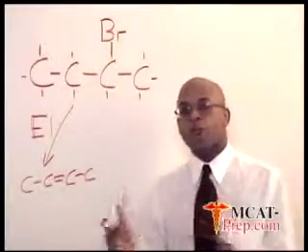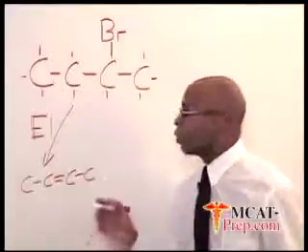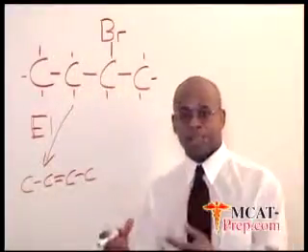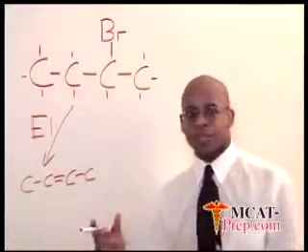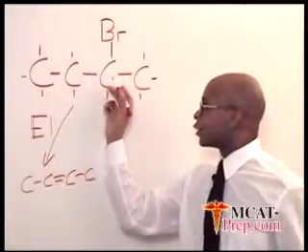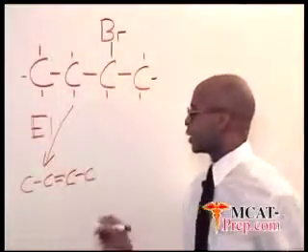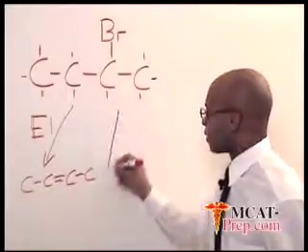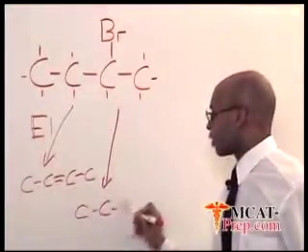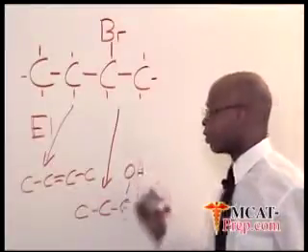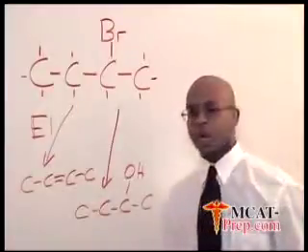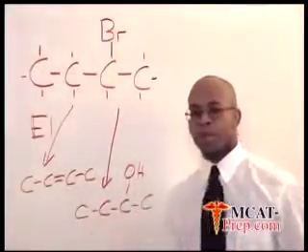Then, if there's OH minus floating around, the OH minus will come in here in a nucleophilic reaction because it's negatively charged. This is positively charged, so there'd be a great force of attraction, and the OH minus would come in here and bond to this. So there's another possibility, which would be carbon, carbon, carbon, then an OH group, or whatever nucleophile happened to be in solution, bonded to carbon. So this would be 2-butanol.